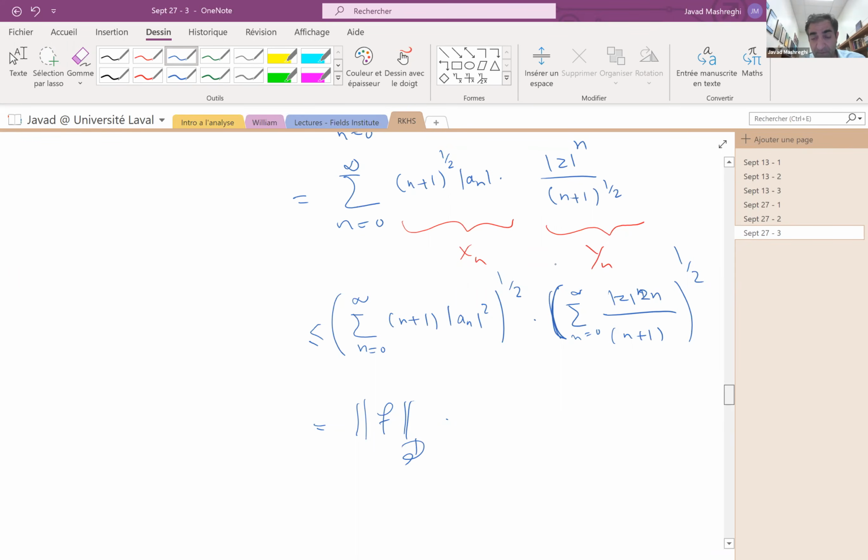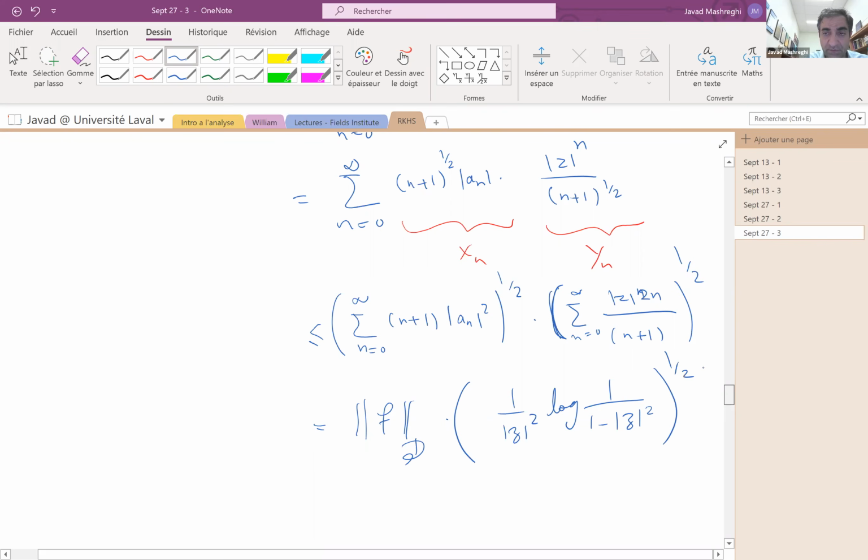But if you are familiar with the development of log of 1 plus t in calculus 1 or analysis 1, the whole thing here is 1 over mod z squared, log of 1 over 1 minus mod z squared, the whole thing square root.